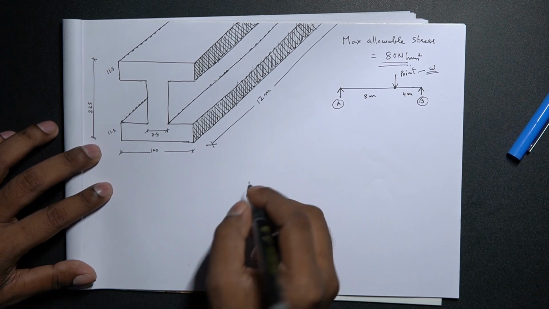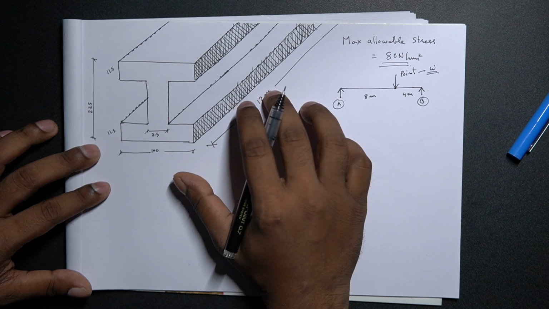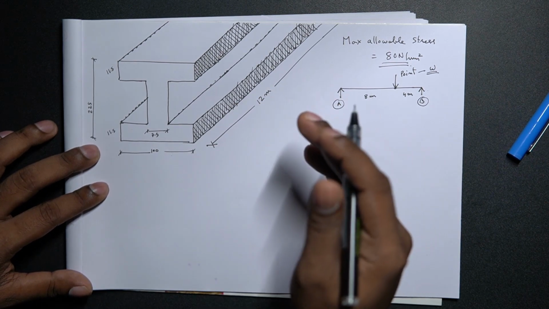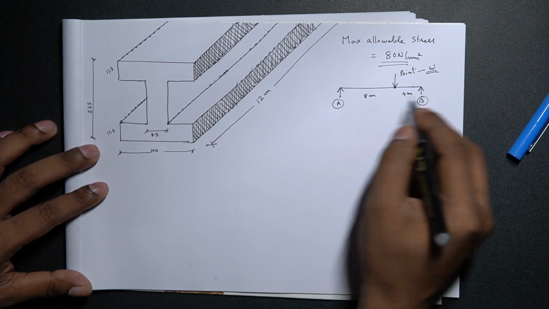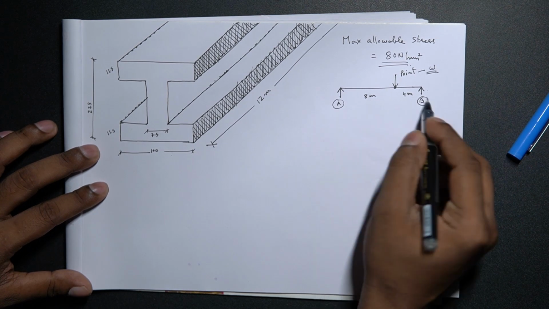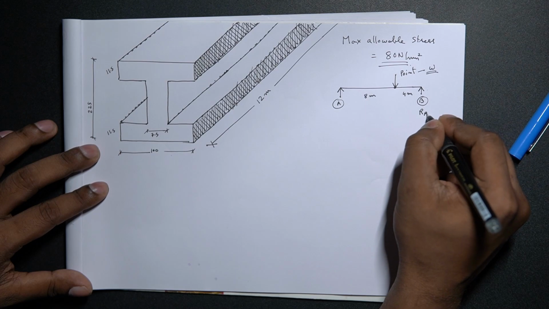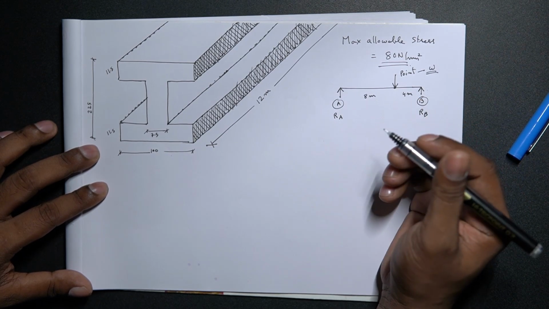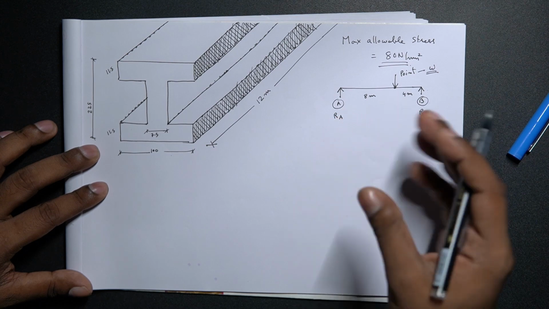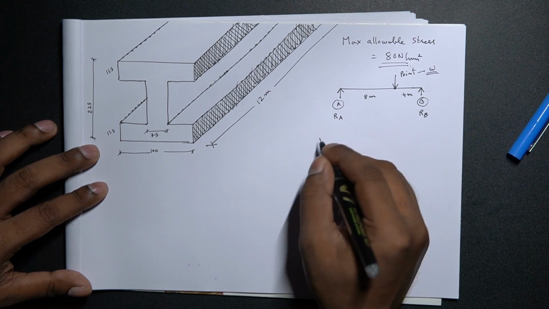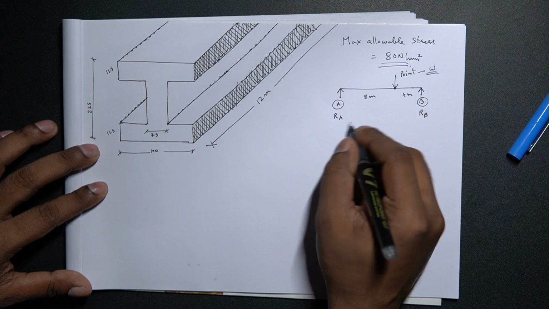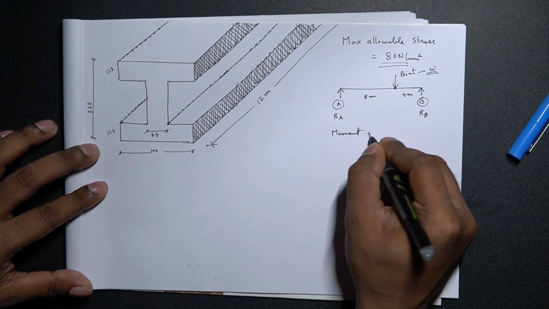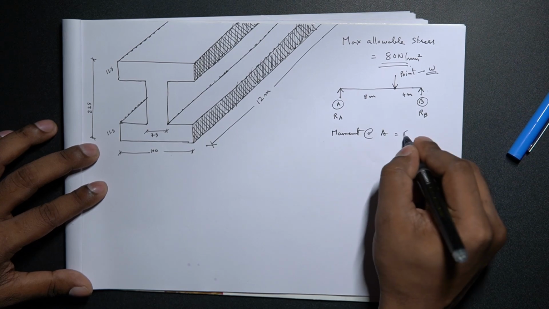So let's directly jump into the calculation. We have supports and we have support reactions, RA and RB. We need to calculate those first in order to get the possible moments. To calculate the support reactions, I'm going to assume that the moment at one end, let's put A, is 0.